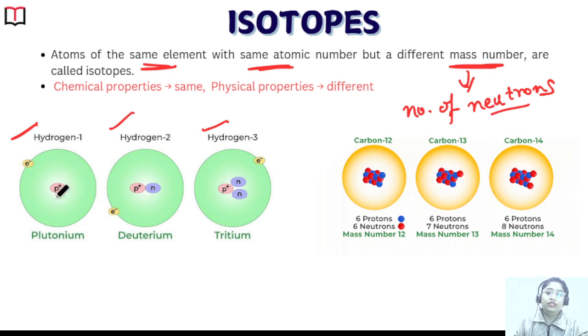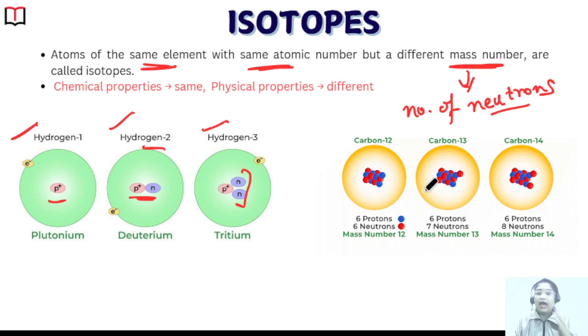So here you can see in hydrogen 1, there is only one proton, no neutron. In hydrogen 2, mass number 2, one neutron is there, and in mass number 3, two neutrons are there. Same for carbon: carbon 12, carbon 13, carbon 14. Here you can see the atomic number of carbon is 6.